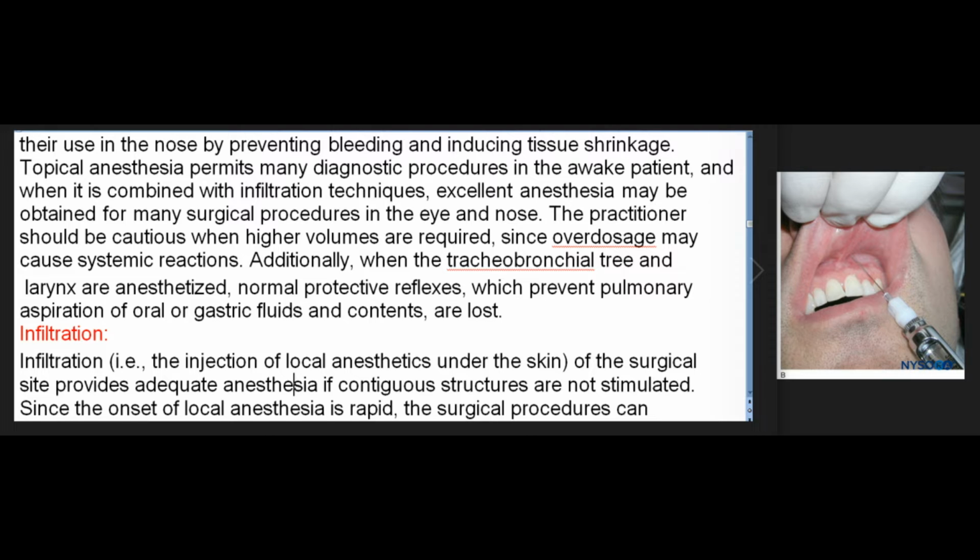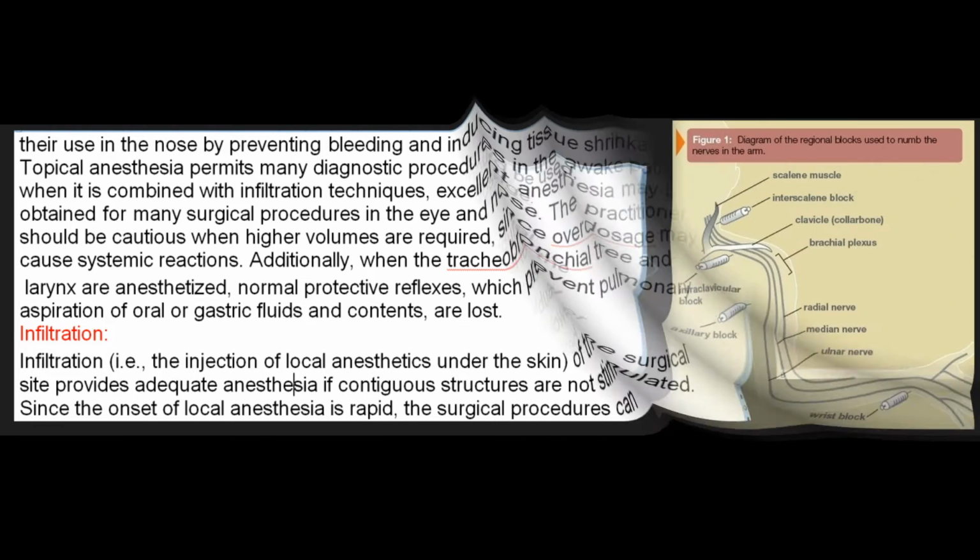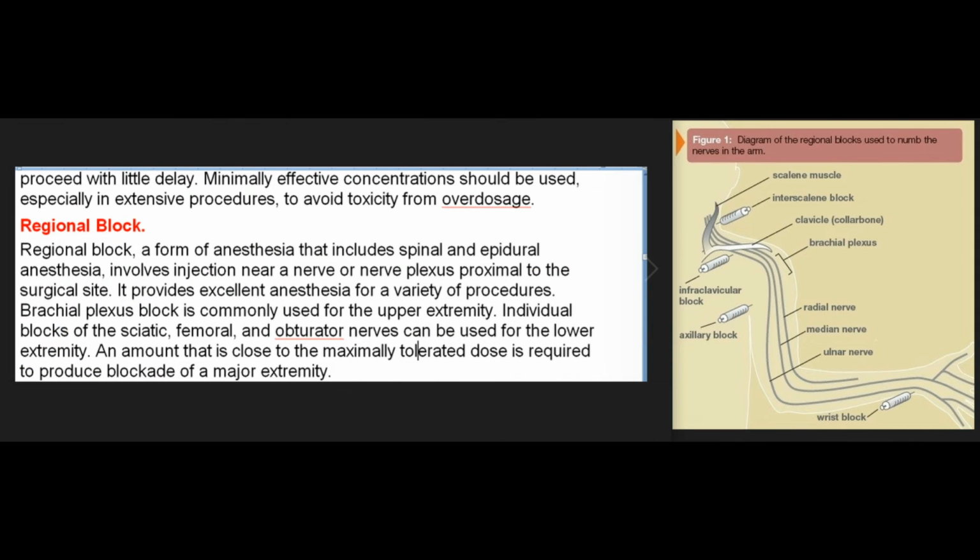Infiltration, i.e., the injection of local anesthetics under the skin of the surgical site, provides adequate anesthesia if contiguous structures are not stimulated. Since the onset of local anesthesia is rapid, the surgical procedures can proceed with little delay. Minimally effective concentrations should be used, especially in extensive procedures, to avoid toxicity from overdosage.